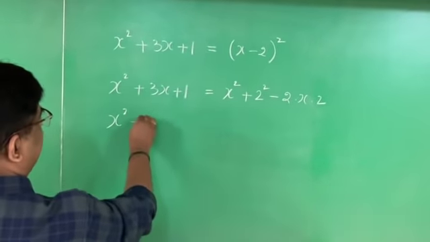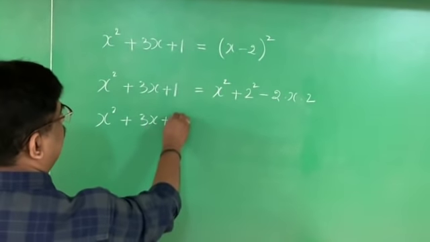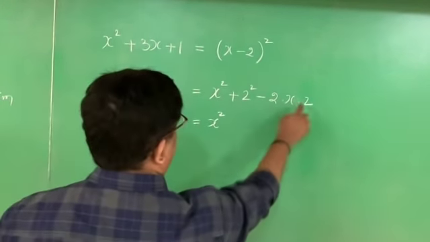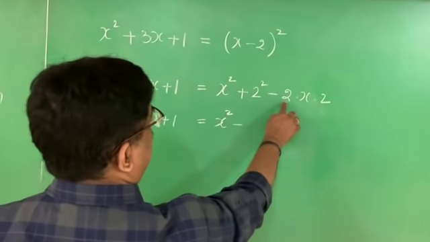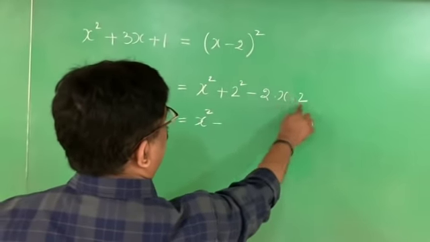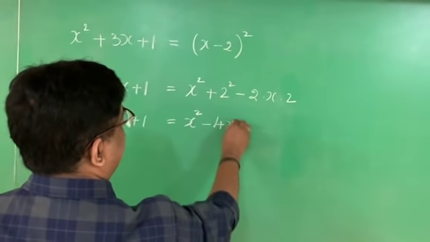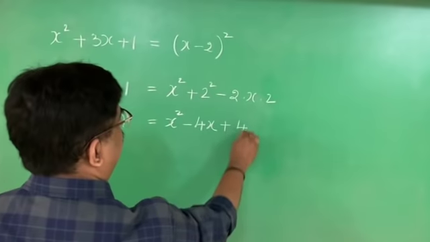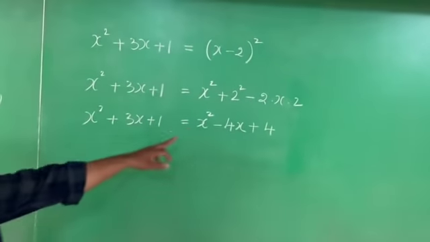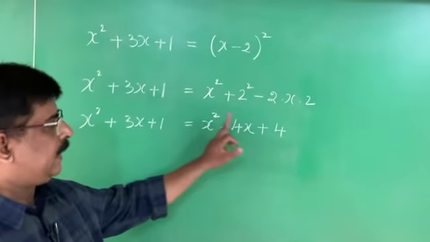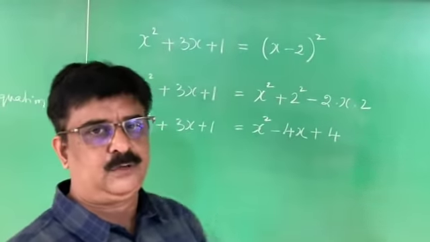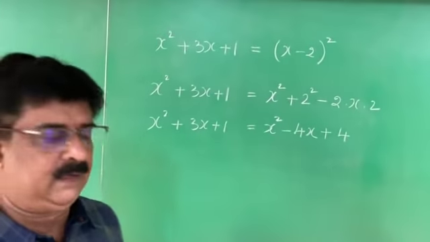There is nothing to simplify here. This becomes x square; after the x square I write the x part, that is minus 2 into 2, 4x, and then plus 2 square means 4. X square, then x, then constant. That is the method of writing: always write in the descending order of the power.